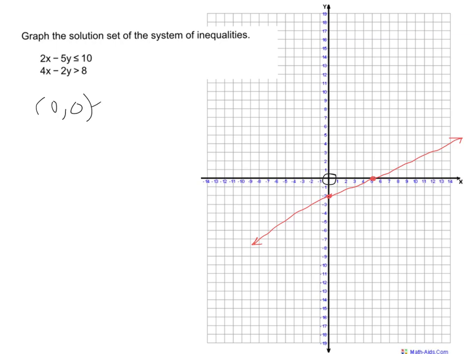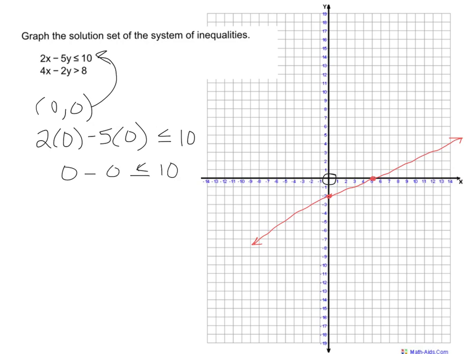So I'll plug this into the inequality. So that's 2 times 0 minus 5 times 0 is less than or equal to 10. And I get 0 minus 0 is less than or equal to 10. And 0 is less than or equal to 10. Now that's a true statement. 0 is less than 10.